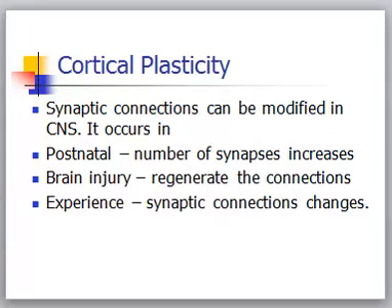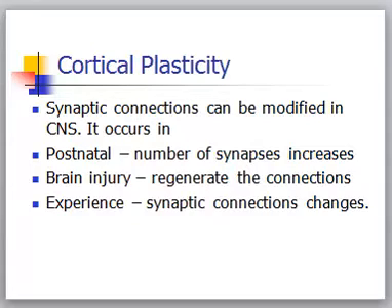Actually it cannot grow or be produced; it may be developed and modified in the CNS, specifically in the brain. It is present in the cortex area, which is why it is called cortical plasticity.